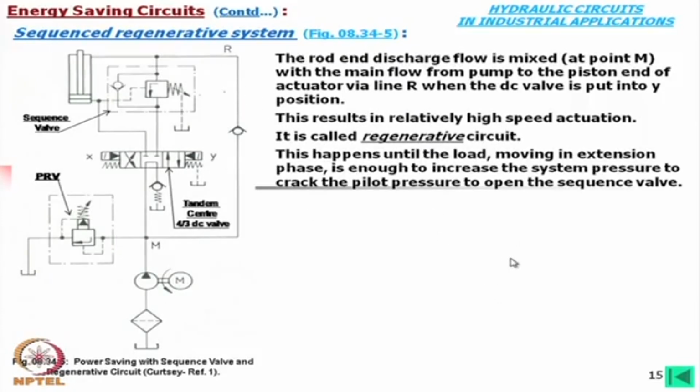This happens until the load moving in extension phase is enough to increase the system pressure to crack the pilot pressure of the sequence valve. Suppose it is moving at a fast speed, but the load is now increased. In that case, there will be an increase in pressure.